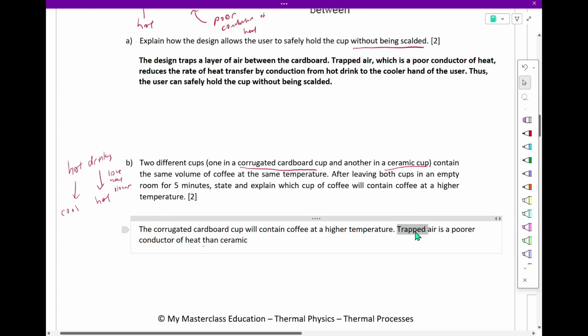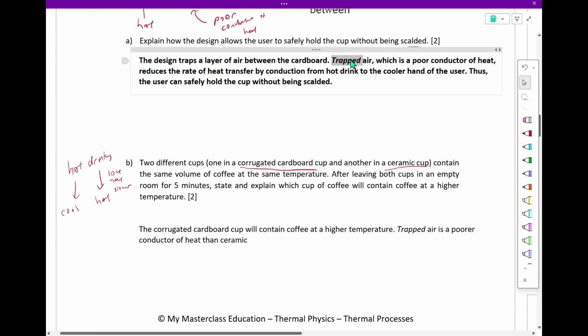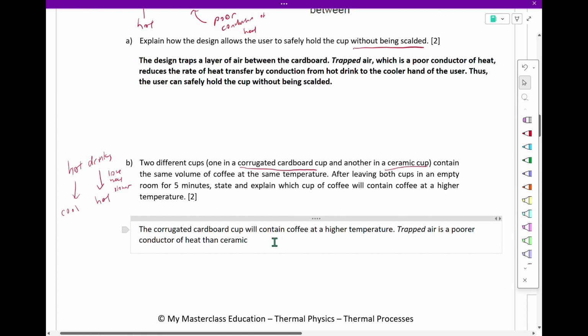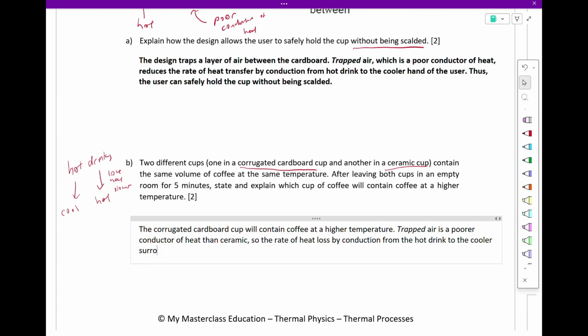And if you notice, I keep mentioning the word trapped, because in the next video you'll notice that when we talk about moving air, that will be a different process altogether. So trapped air is a poorer conductor of heat than ceramic, so the rate of heat loss by conduction from the hot drink to the cooler surroundings is reduced, or slower, because you're comparing.